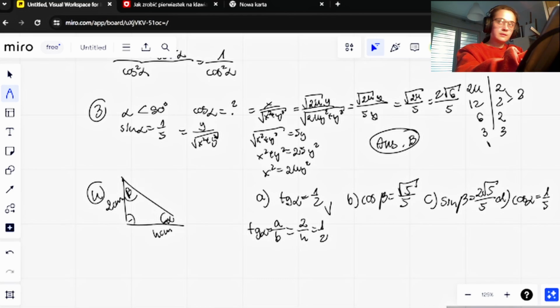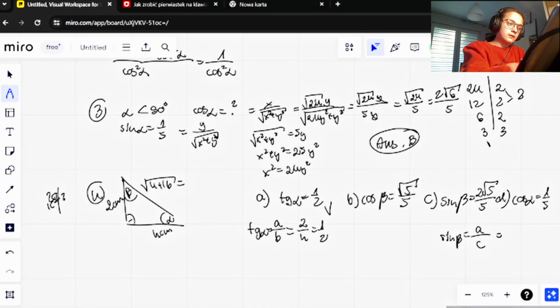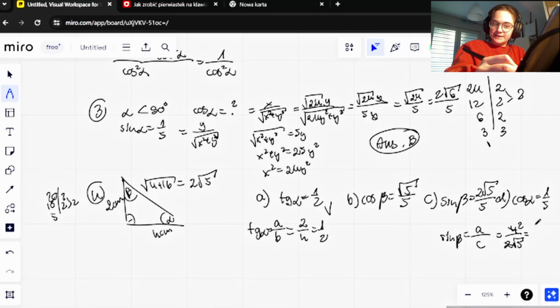So let's try sinus B. So here you have A, C, we have this, so this is 16, which is 20, 20 is 2 square root of 5, so we have 4. Never mind, it's good.